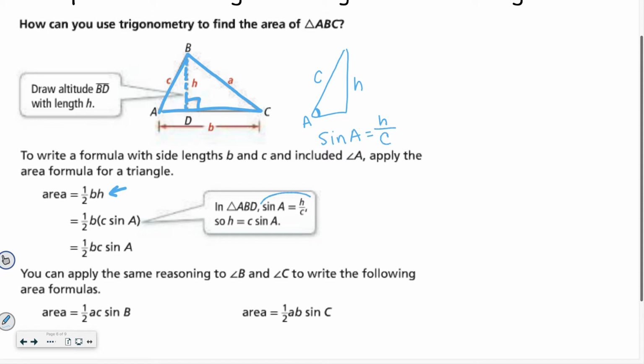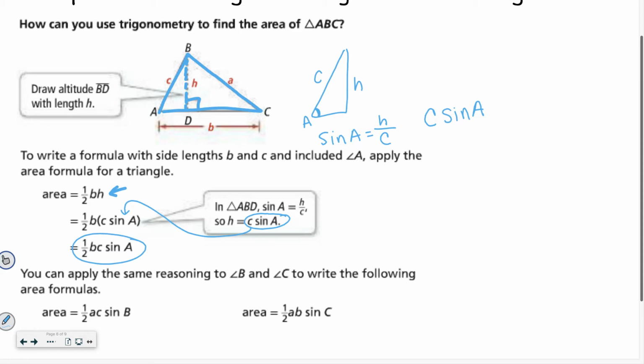So that's how they came up with that part. And then to get H by itself, I would simply multiply C over. So it'd be C sine of A. So C sine of A would be H solved by itself, which then I can plug in for H. So I have 1/2 BC sine of A.